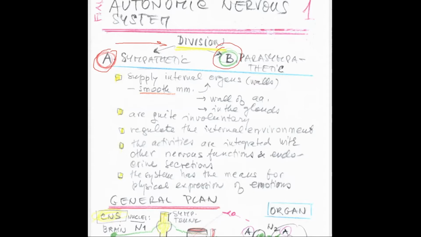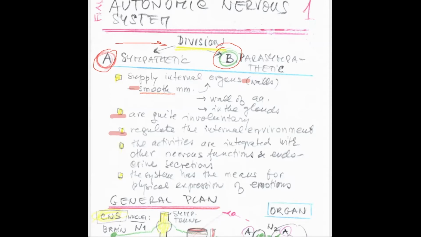Number one, they supply internal organs. They supply their walls and specifically the smooth muscles, not only of the organs, but also walls of the arteries and smooth muscles in the glands. And number two, they are quite involuntary. Finally, they are controlled by the brain. They regulate the internal environment.